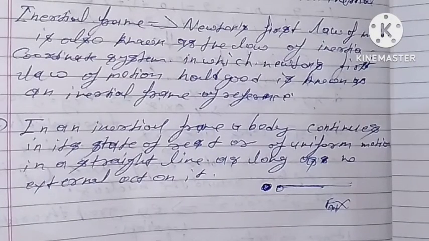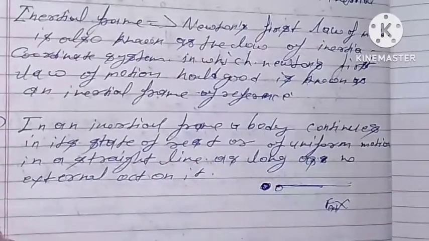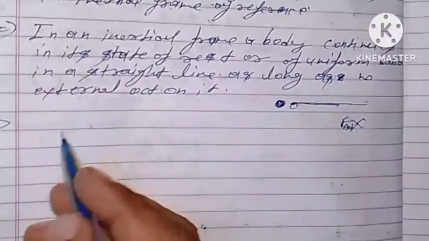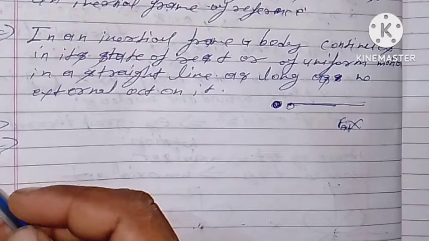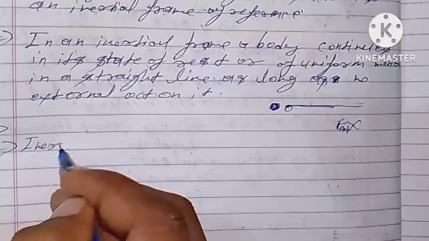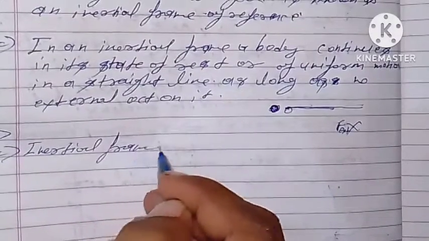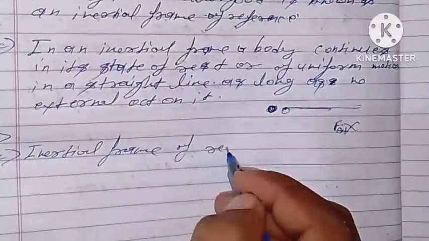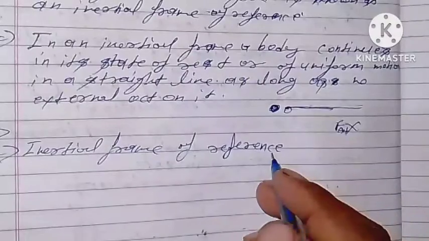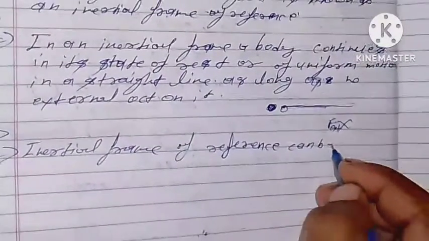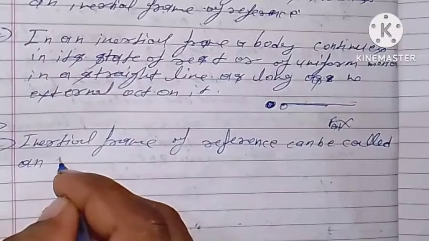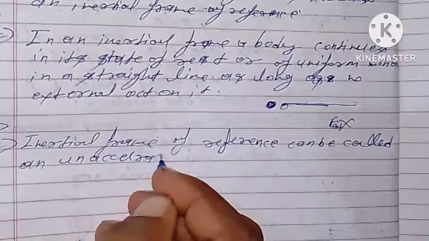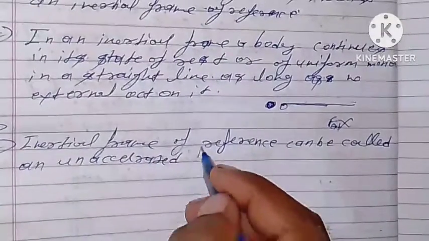So an inertial frame of reference can be called an unaccelerated frame of reference.